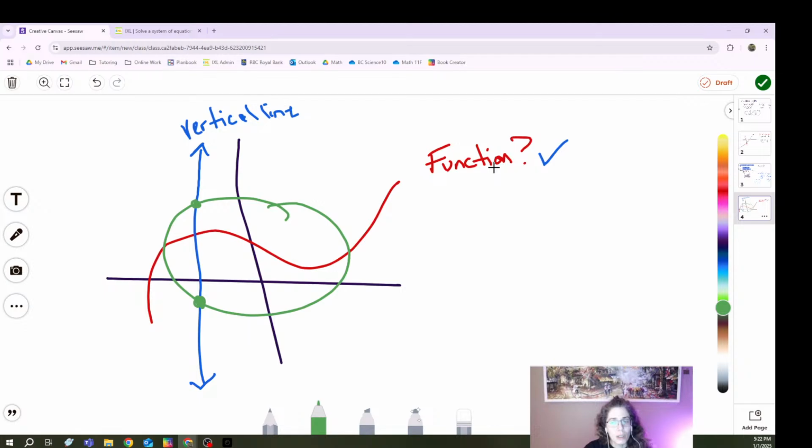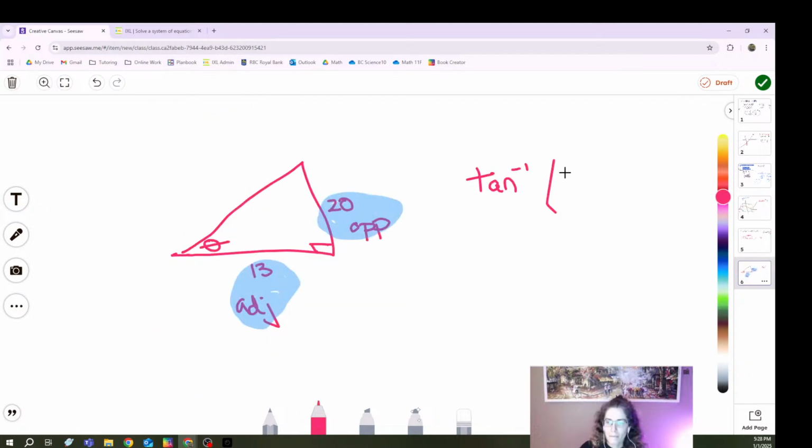TOA stands for what? Tangent. So how do I write the equation to solve for this angle? Okay, good. And what do you get?